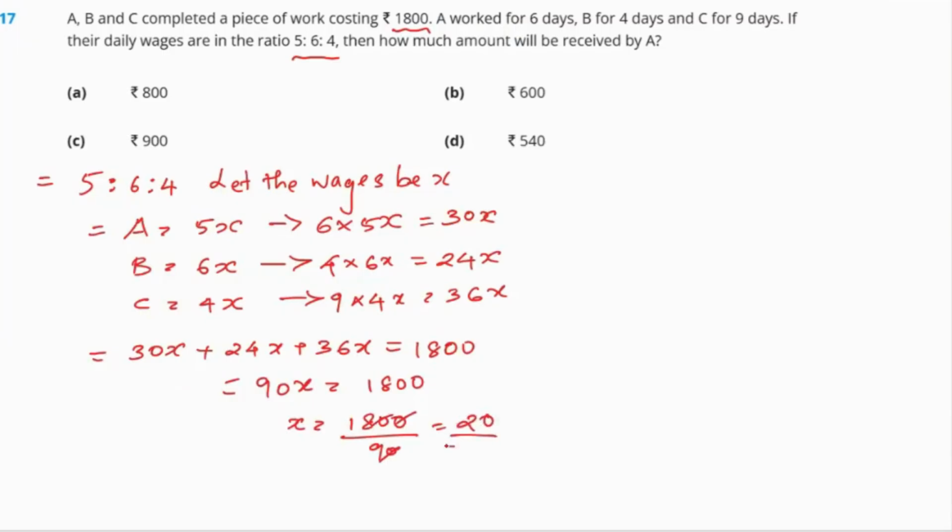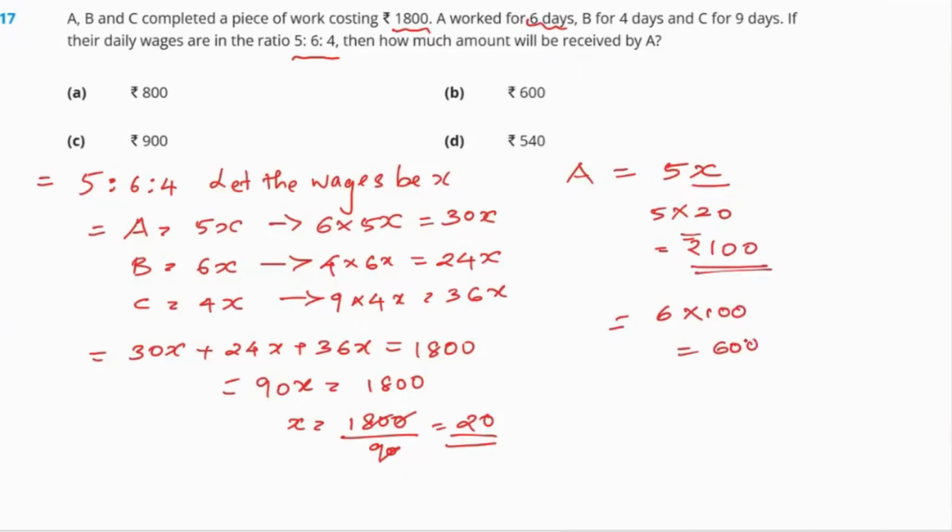So value of x is 20 means what? Daily wage of A will be 5x, x is 20 means 5 into 20. He is receiving rupees 100 per day. If he works for 6 days, what will be his salary? That is 6 into 100 for 6 days. This is equal to 600.